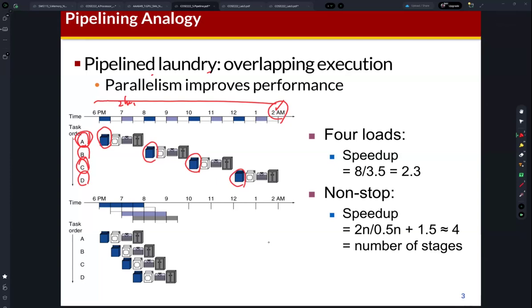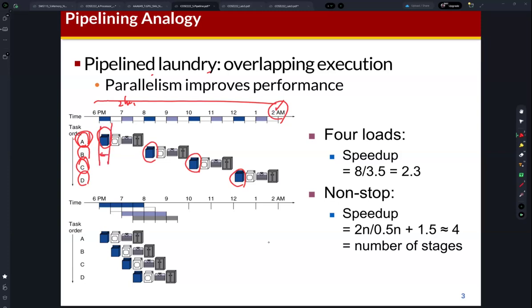So we use this washing machine for 30 minutes out of the 2 hours of this task completion time, right? The single task time.